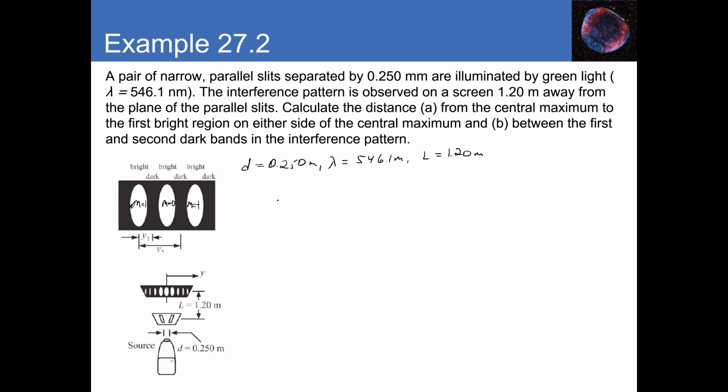So let's do that. I can use this equation, y bright is equal to m lambda L over D. Taking m equals 1, it becomes 1 times 546.1 times 10 to the negative 9 meters.